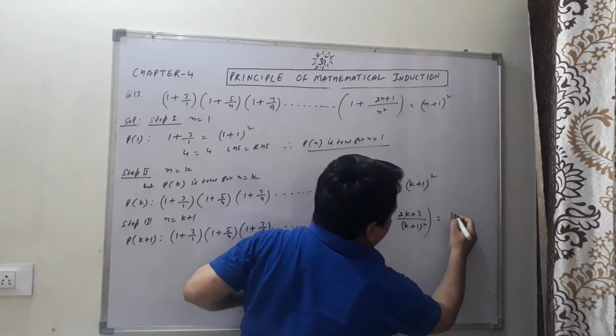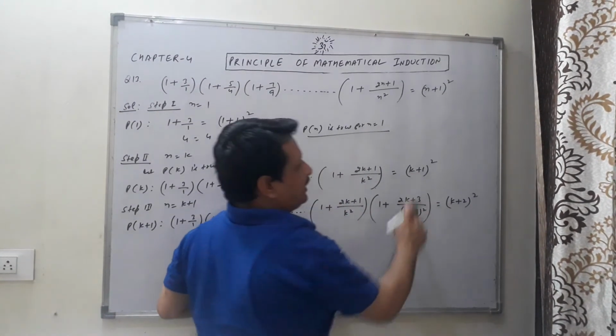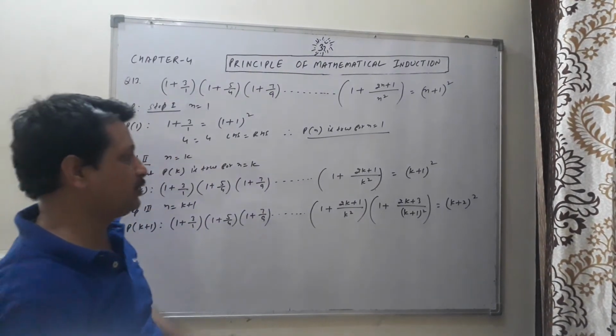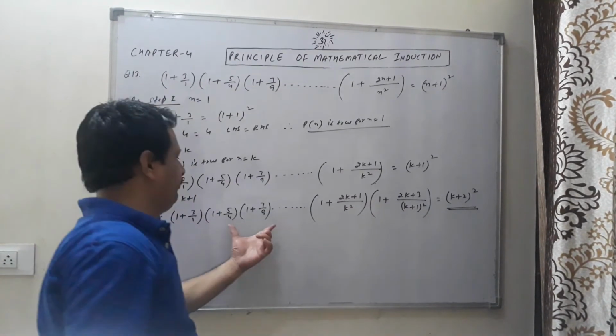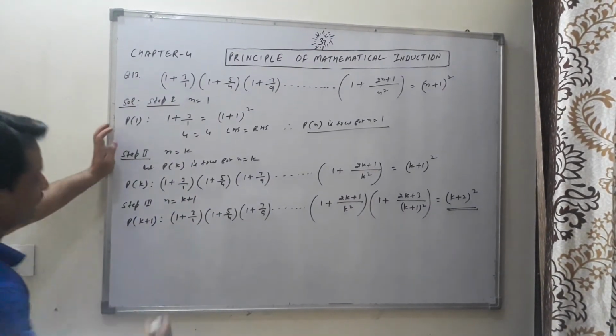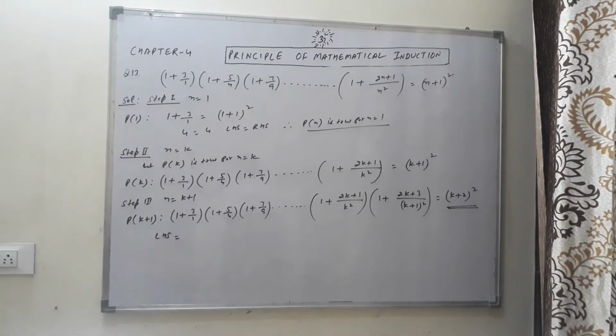This is equal to k plus 2 whole square, because k becomes k plus 1. So this is your right hand side, students. We have to solve this left hand side.